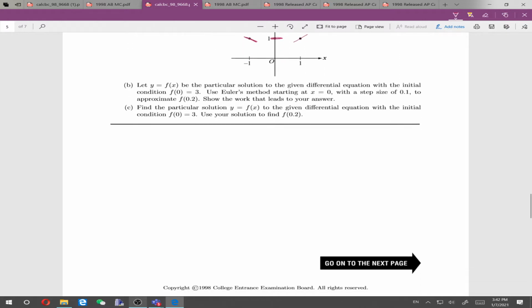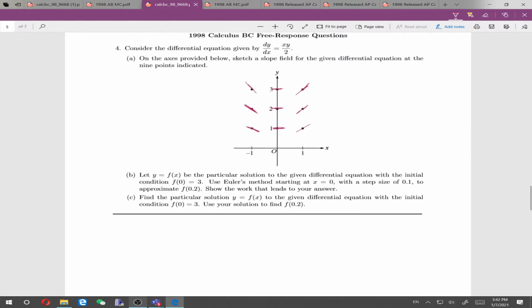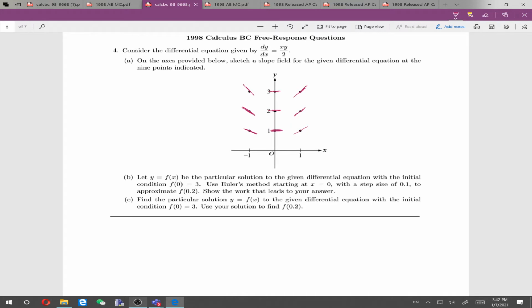Okay, for part B, if we have a particular solution to a differential equation where x is 0 and y is 3, and Euler's method starts at x equals 0 with a step size of 0.1, I want to approximate f at 0.2 and then show the work that leads to our answer. Do either of you remember Euler's method? y new is equal to y previous plus delta x times dy over dx.